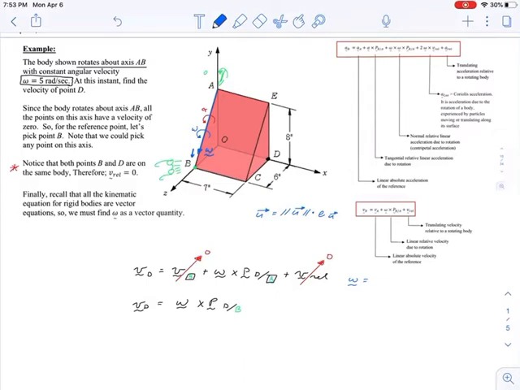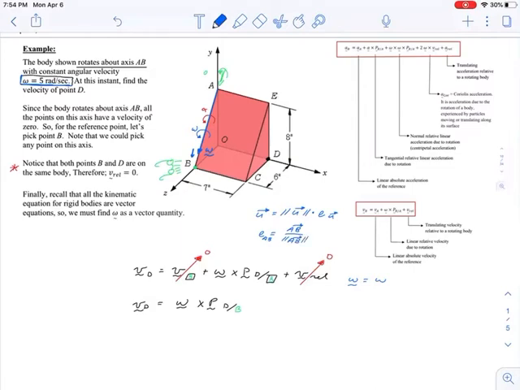So the angular velocity would be the magnitude, which we know is 5 radians per second, multiplied by the unit vector. We can also recall that the unit vector of AB is equal to the vector AB divided by the magnitude of that vector.